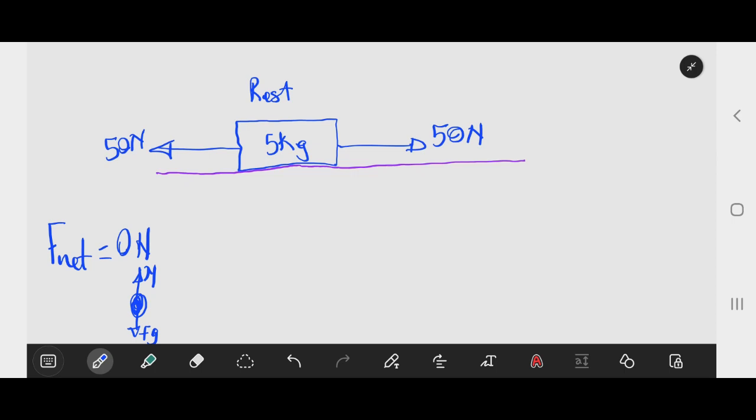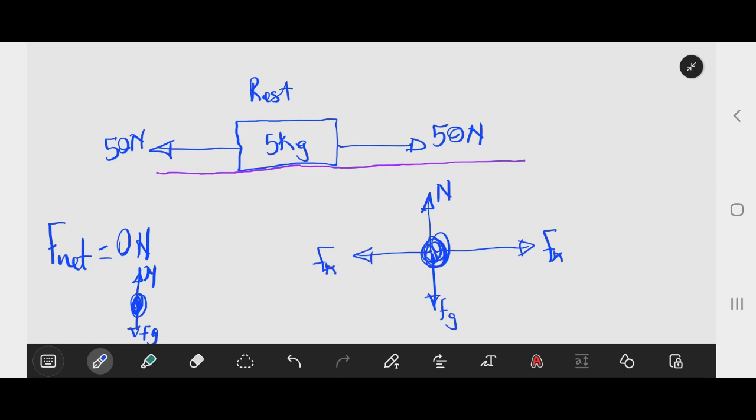So what will happen to the object? If we try to draw a free body diagram for this object, we'd still have the gravitational force and the normal force, but now we have an applied force of 50 newtons to the right and an applied force of 50 newtons to the left.